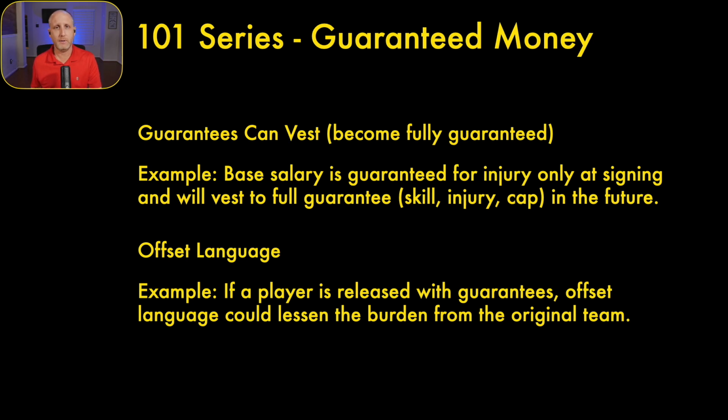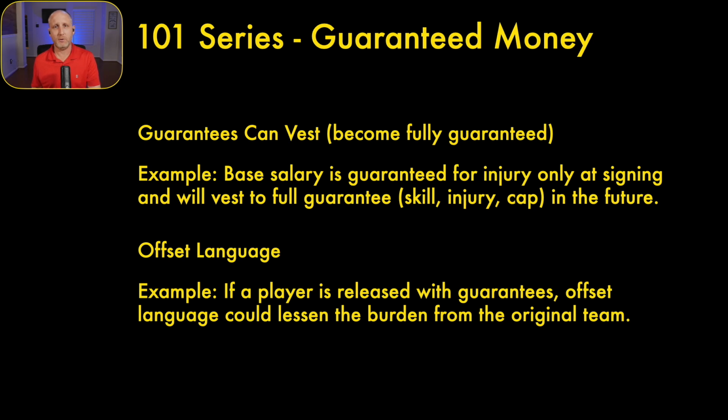Now he signs with another team for the veteran minimum salary, $1.17 million, and he stays on that team for the full season, all 18 weeks. The first $500,000 will be offset, so he can't double dip.